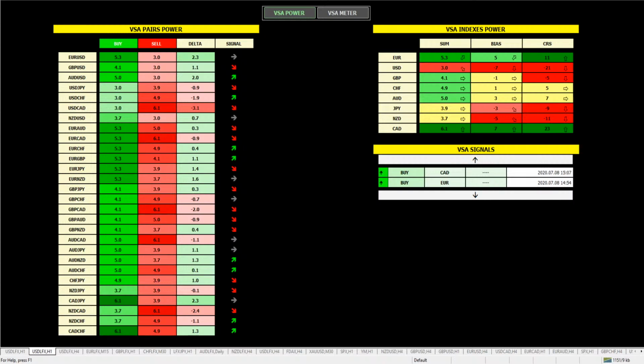Here, red means sell, and green means buy.